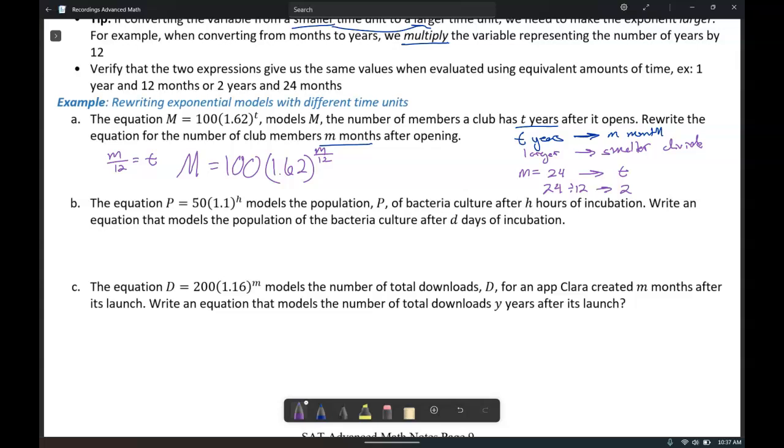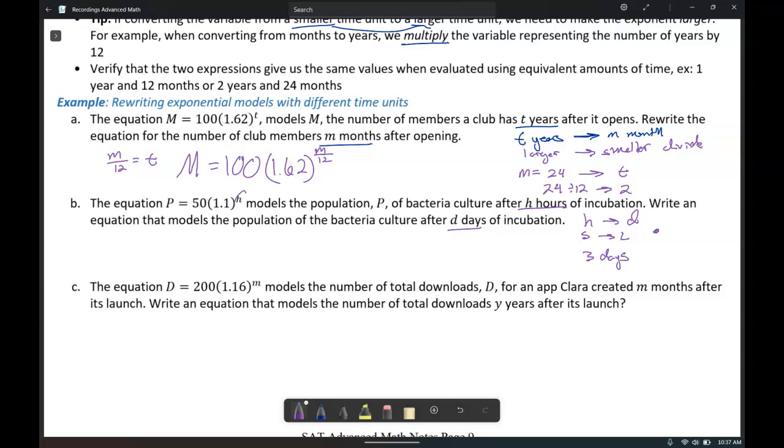Same idea. We want to model the population of a bacteria culture, H hours, and turn it into days. So since we're going from hours to days, a smaller to a larger, we're going to multiply. Think about if we said, what is the population 3 days after incubating?